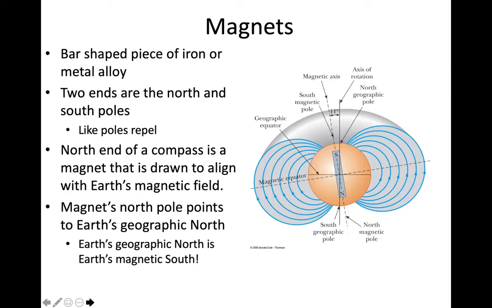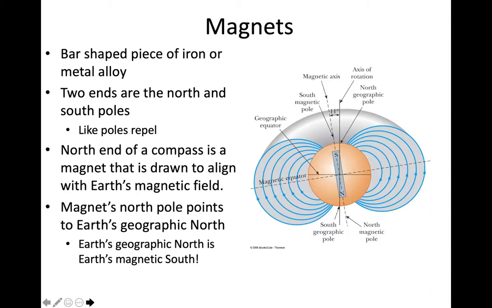Those poles are going to repel each other if they're two similar poles, and they're going to attract each other if they're two different poles. So think of it as our positive and negative charges. But instead of calling it positive and negative, we like to call them north and south. It's still going to be one positive, one negative, but we give it different words like north and south.